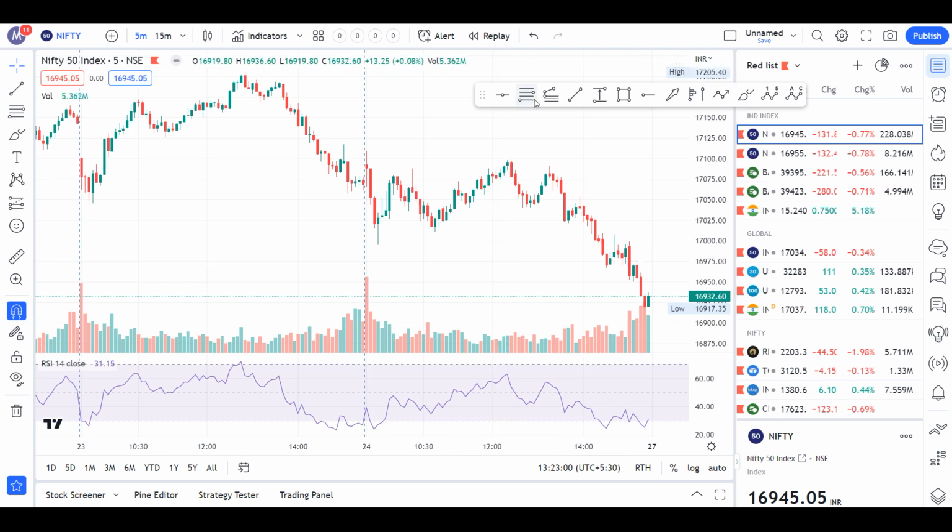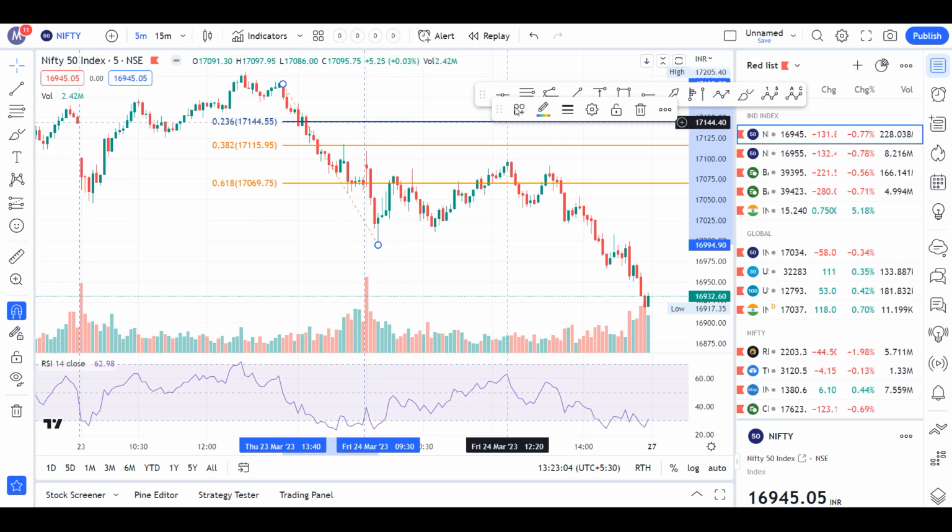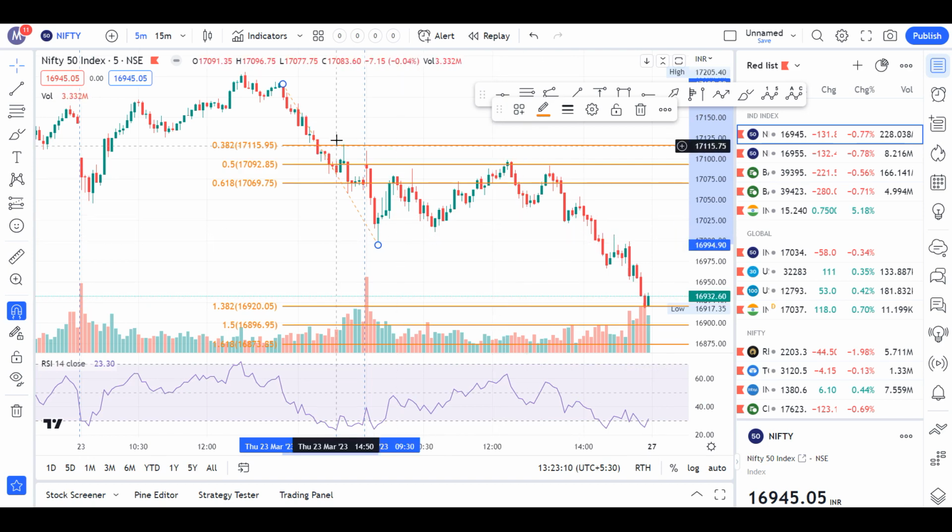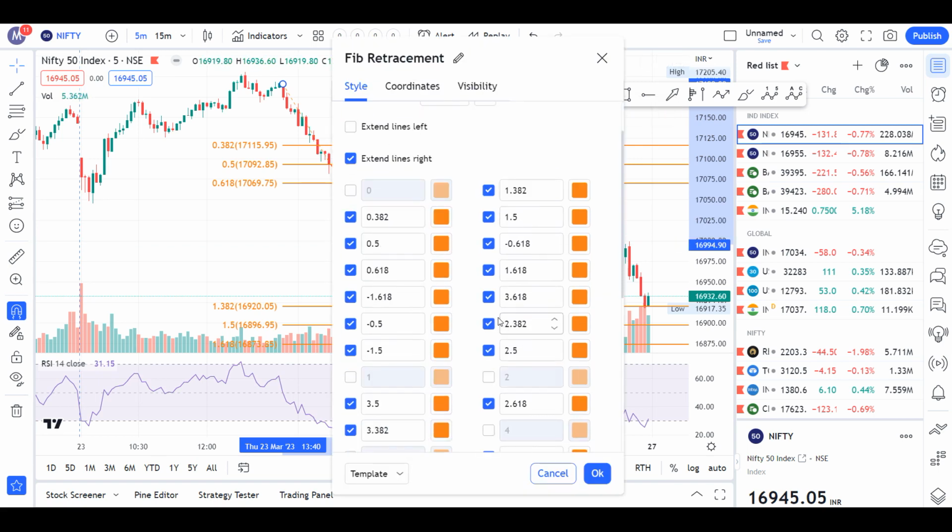So basically we have one simple setting which we have done. I'll show you the settings first. What we are considering here are the important levels, which are 0.382, 0.5 and 0.618.